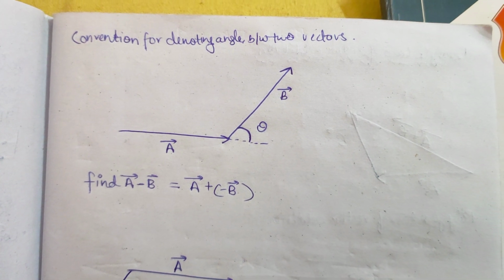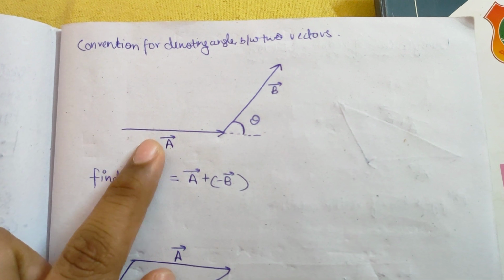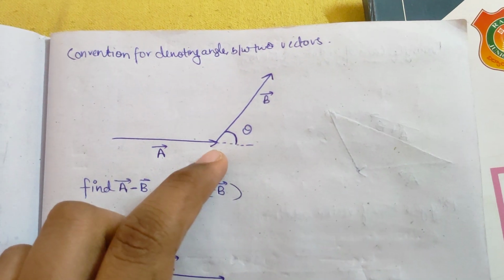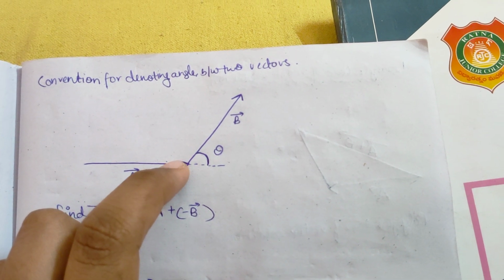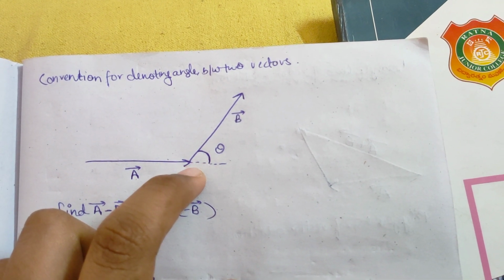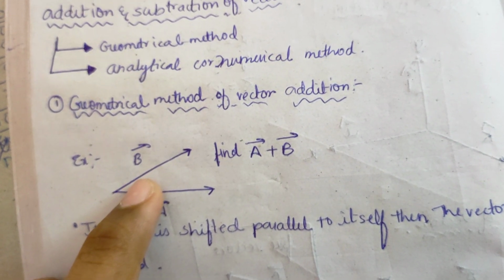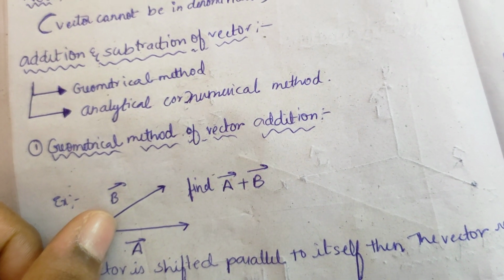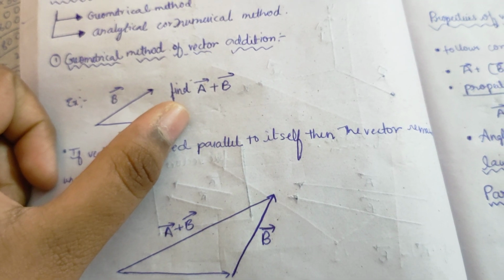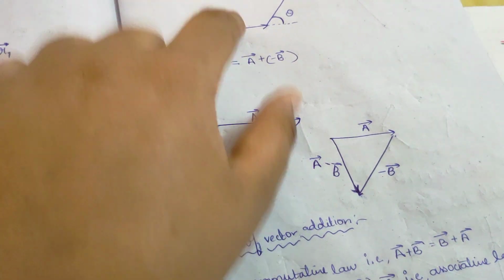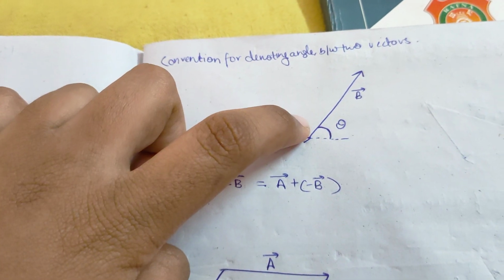Now here, the convention for denoting the angle between two vectors. Here you can see vector a and vector b present. So we should not take the angle here. The smallest angle will be the accurate angle, because as we can see, this is the actual diagram. The angle between them is theta here, but we shifted this b parallel to itself, so it became like this, but the actual angle is this.